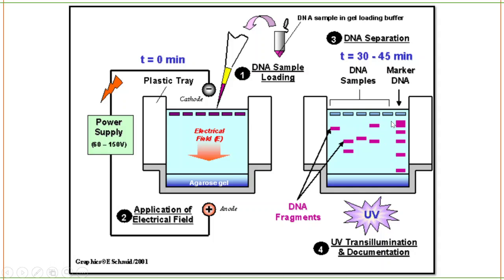And these are the unknowns, your samples. So this is lane 1, lane 2, lane 3. The third lane you're going to compare with the first lane, and find out the molecular size, that is, how many kilobase pairs this DNA contains. So the size of these DNA fragments can be found out by referencing with this marker.